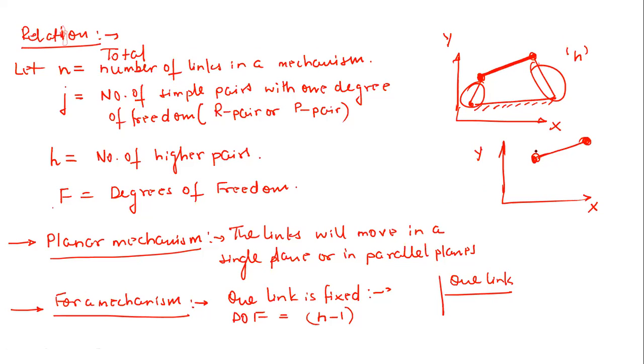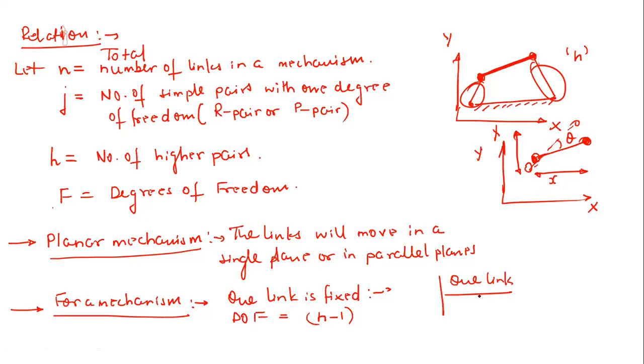So in this case, if you remove for a moment all these constraints, you observe that it is possible that this link is going to translate in the x direction, and at the same time it may translate in the y direction. And again, there could be a possible rotation of this link, theta, let us say.